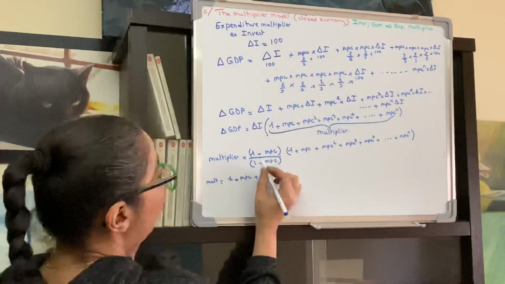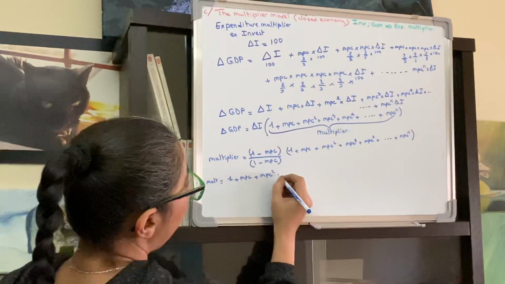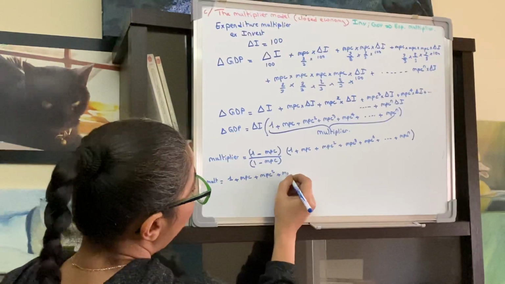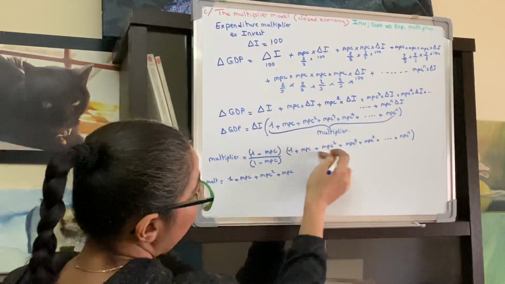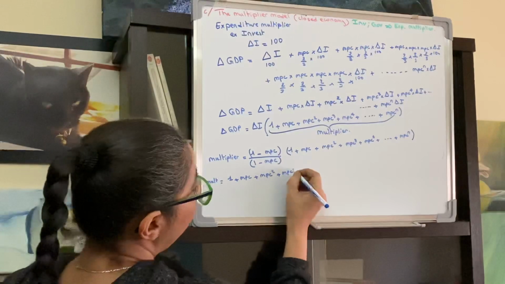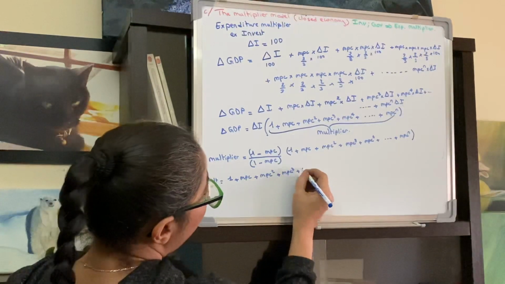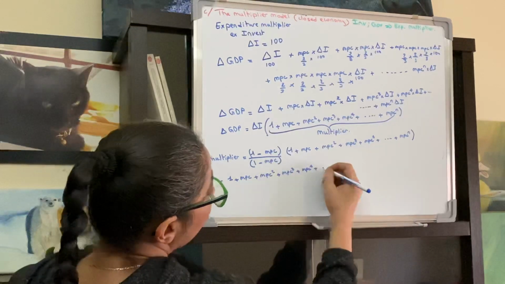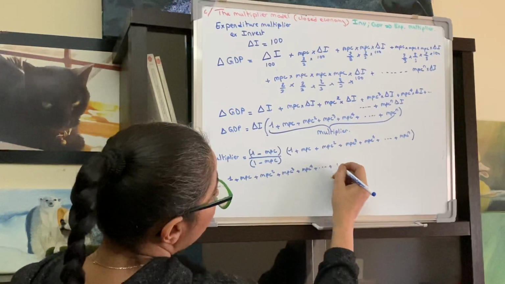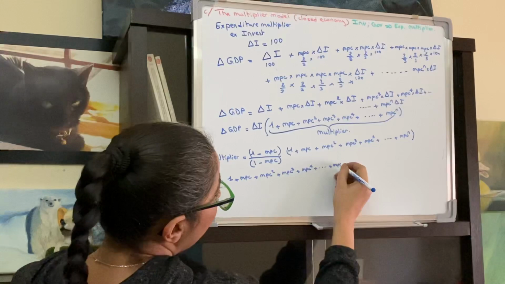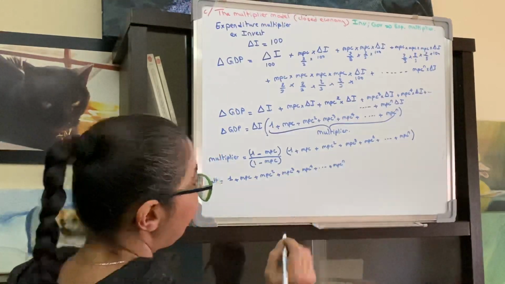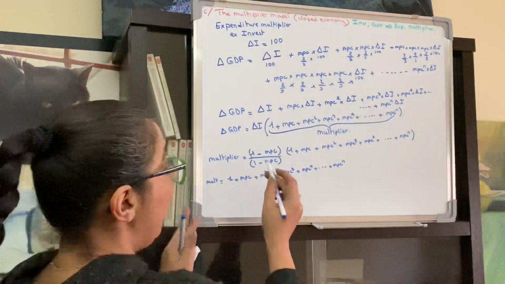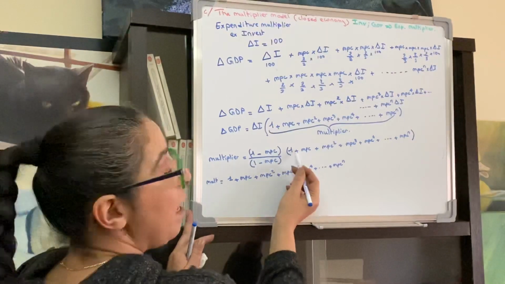Are you following? 1 times MPC cube is MPC cube. I'm just multiplying this one by 1, so I'm just going to rewrite it. MPC power 3, MPC power 4, plus MPC power N. Now I'm going to multiply by minus MPC.